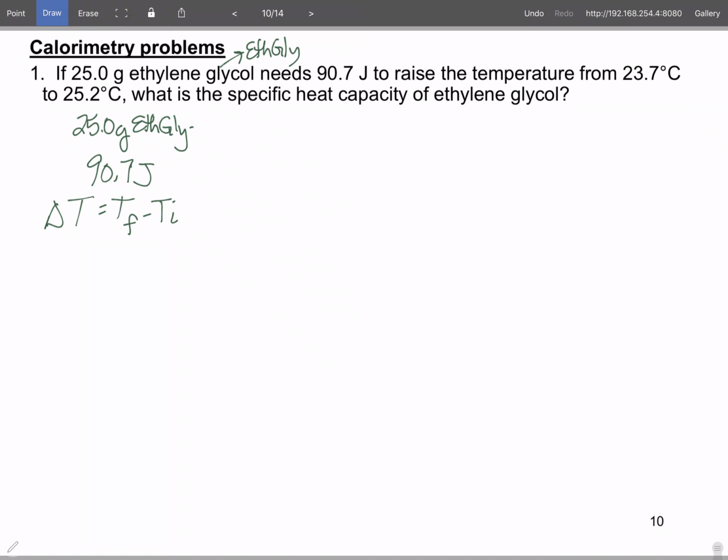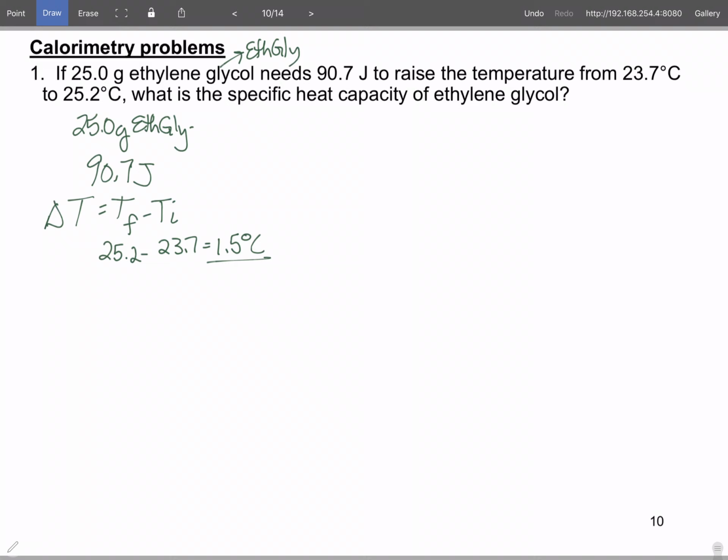So from 23.7, that'd be your initial, to 25.2, that'll be your final. So first things first, we get 1.5 degrees C.